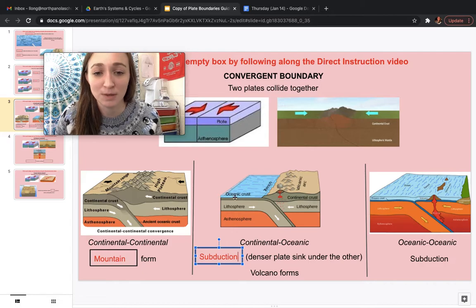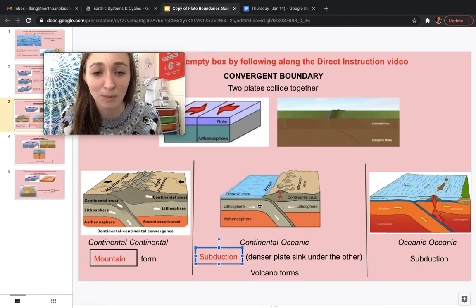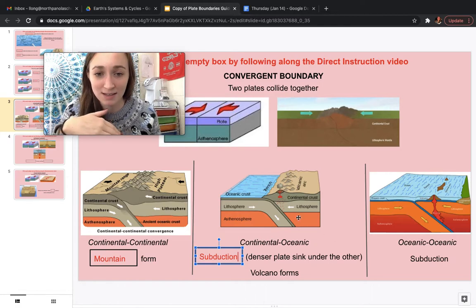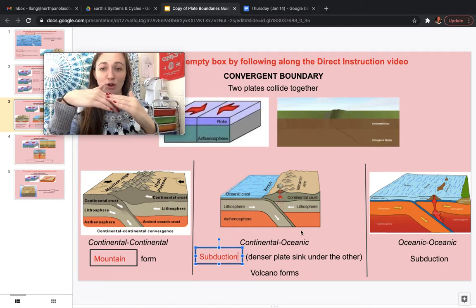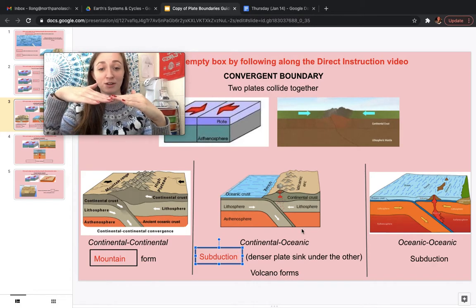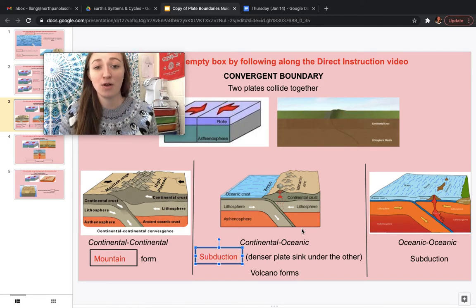In this picture, we've got these two plates coming together, and we know because of the arrows pointing at each other. When they collide, the heavier one, in this case the oceanic crust, goes under. What's forming here is a volcano, because when that oceanic crust goes underneath, it gives room for magma to come up where that mountain will form.